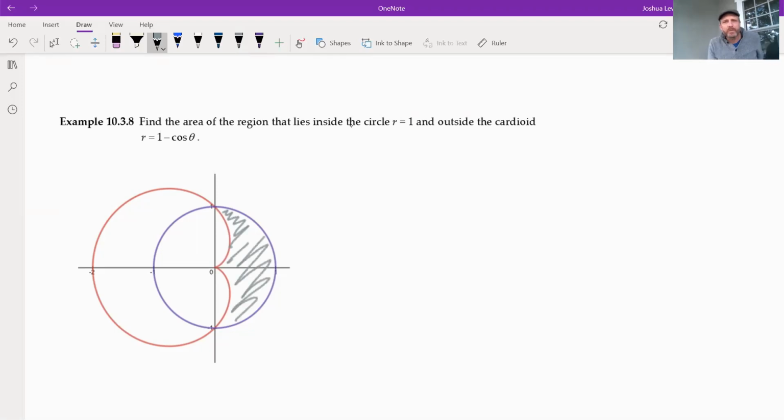Well, when you found areas of bounded regions back in a typical Calc 1, you probably would have needed to find where they intersect. Well, we're going to do the same thing. So why don't I have you pause the video and see if you can find where these intersect. Really, give it a pause. I'll be back.